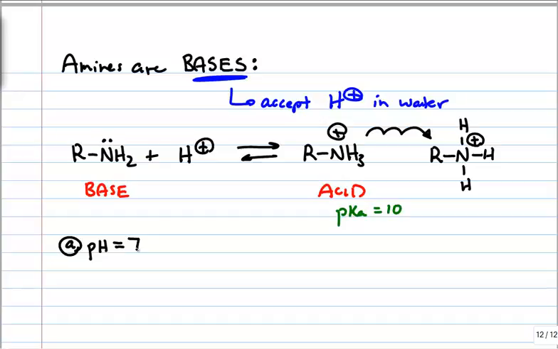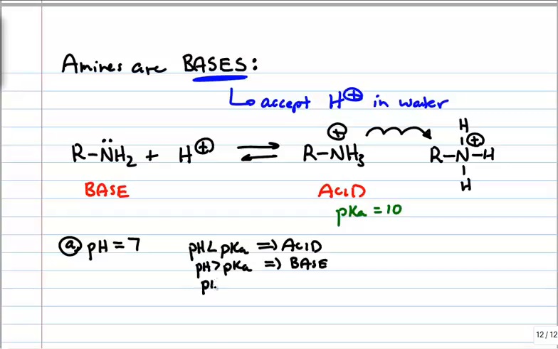Well, we have some rules, and we have gone over these rules before. If the pH of the solution is less than the pKa of the weak acid, the acid form of the molecule predominates. If pH of the solution is greater than the pKa of the acid, then the base form is greater than 50%, or the predominant form or the major form.